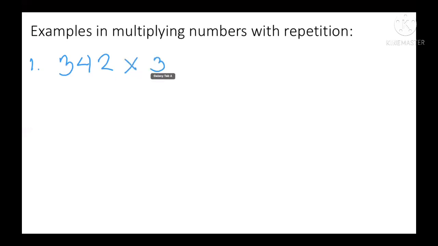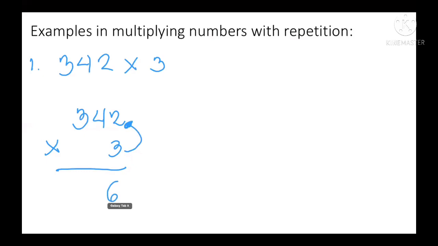All right, so I'll put here the first number multiplied by 3. Again, same process. We will start with the ones place. So we have 3 times 2. 3 times 2 is 6. Correct. 3 times 4. 3 times 4 is 12. So we have the number 12.